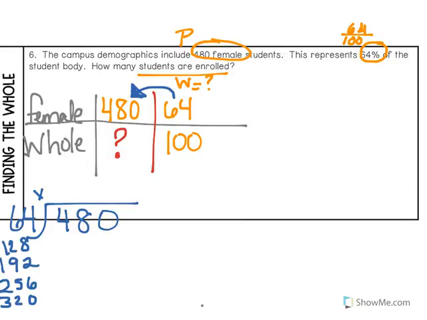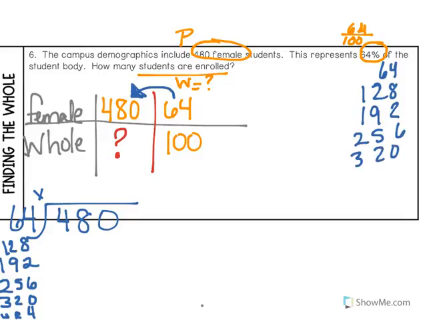Am I making a mistake at all? No. So I would get 484. So I have 64, 192, 128, 192, 256, 320, 484. Add 64.